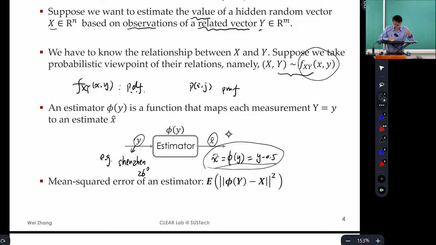In this case, my function will tell me it's 25.5.